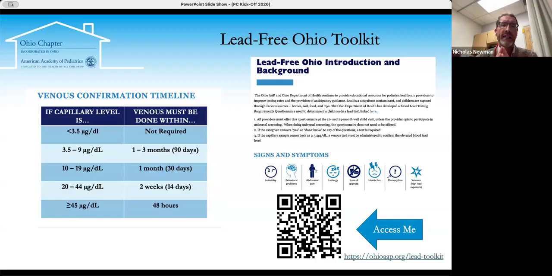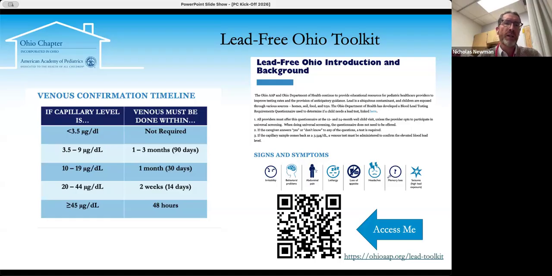The thing to think about with capillary testing is that this is not meant to be the gold standard. It's very similar to checking an Accu-Check in the hospital for glucose. You have to go and confirm that with a higher reliability test.